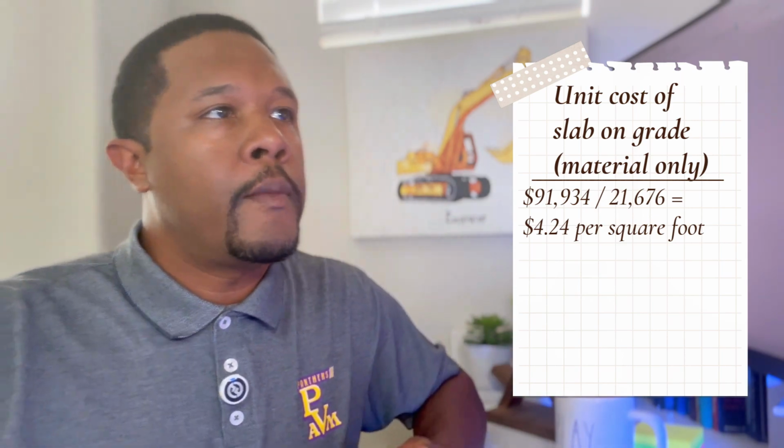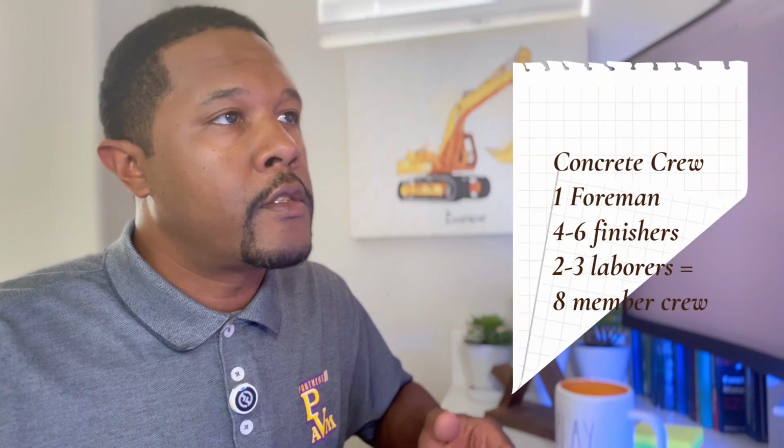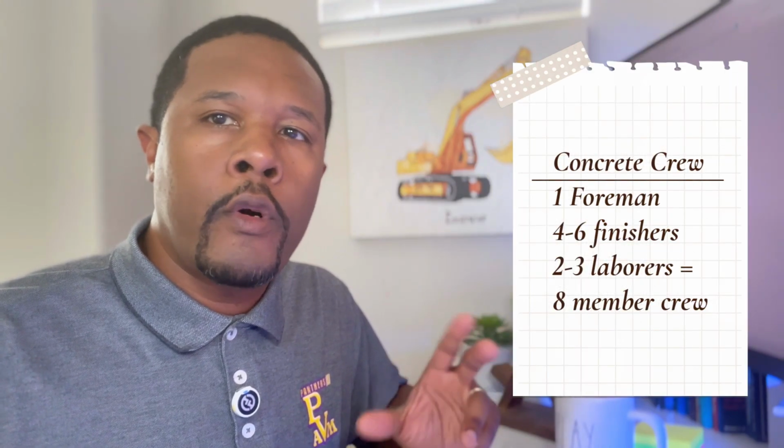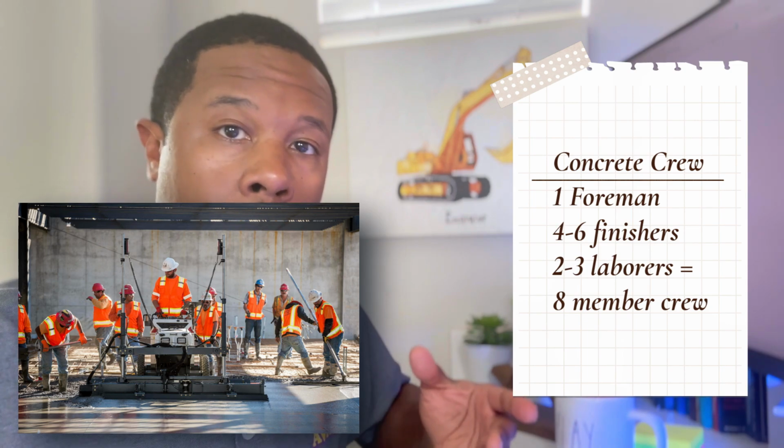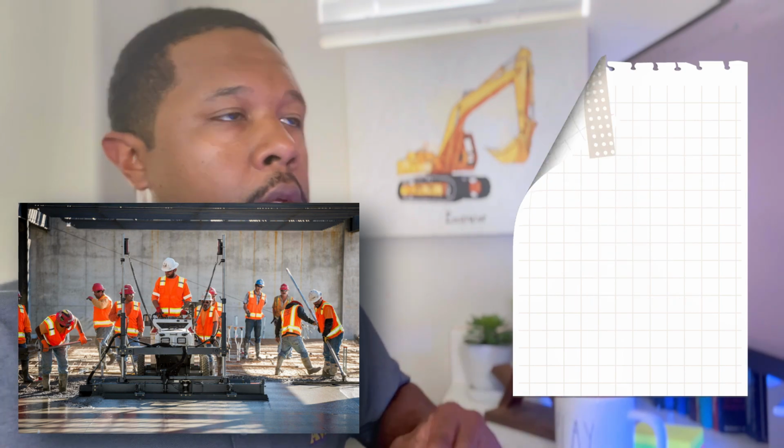Now let's talk about labor, and this is where slabs are really production driven. So a typical concrete crew that does a slab might look something like this. 1 foreman, 4 to 6 concrete finishers, and 2 to 3 laborers. So let's call that a crew size of 8 guys. Now here's some example rates that I found, and again, you want to do your own research as this comes in. This is just strictly for this video and for demonstration purposes.